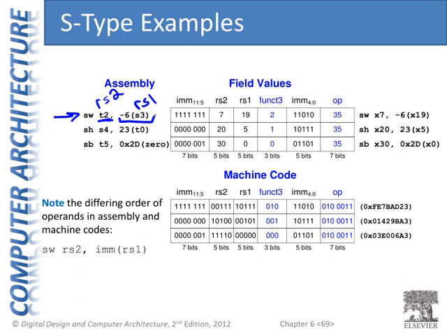Okay, so again, we can look at our table and see T2 is register 7 and S3 is register 19. And again, our opcode is 35. That's something we can just look up, whereas in this case, I just gave it to you. And our function 3 bits are 2.